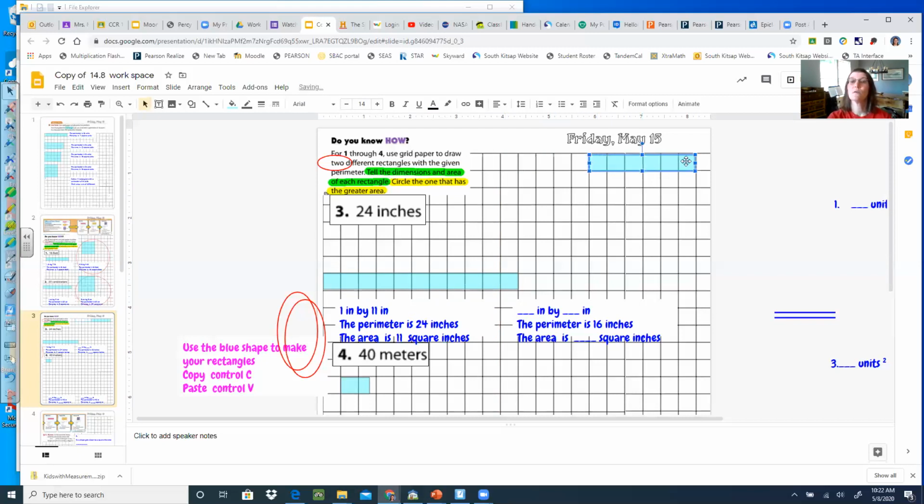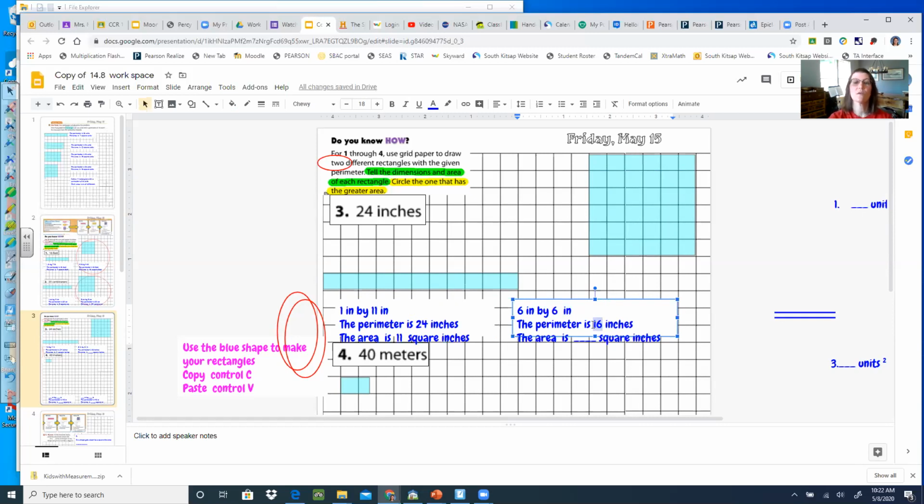Is that 6? 1, 2, 3, 4, 5, 6. That works. 2, 3, 4, 5, 6. Okay, this guy is a 6 by 6. So the perimeter, oh, I messed up here.